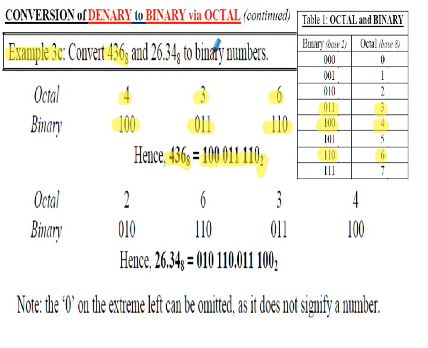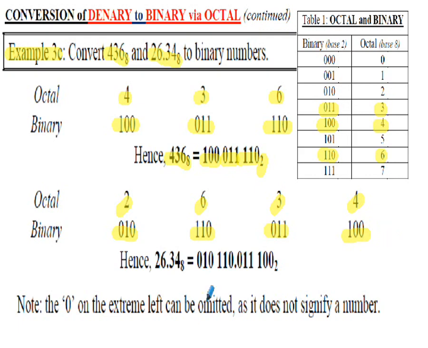The second number in example 3c to convert is 26.34 in octal. We've got to convert that to binary. Again, reading from the table, 2 in octal is 010 in binary, 6 is 110, 3 is 011, and 4 is 100, all read from table 1.